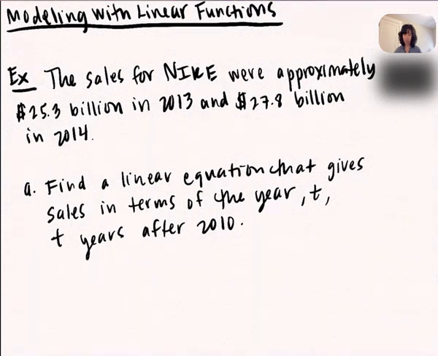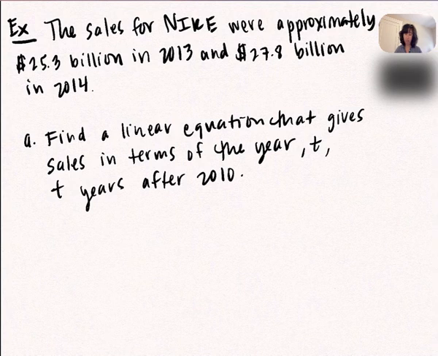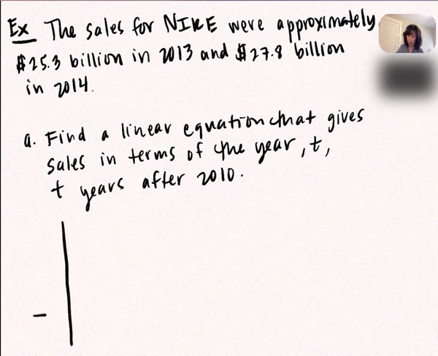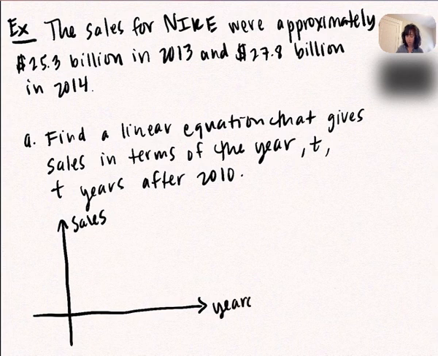Okay, so we need to find a linear equation to model this situation. In particular, we're told that we need our linear equation to give the sales in terms of the year, t. So that means that we want it to have the property that the sales are the y-axis, that's like the output, and the years, t, that's the x-axis.